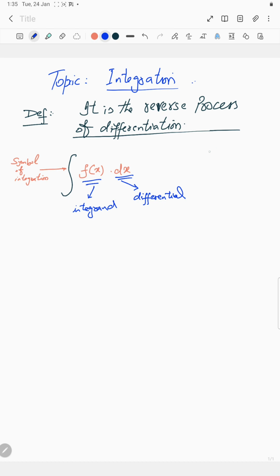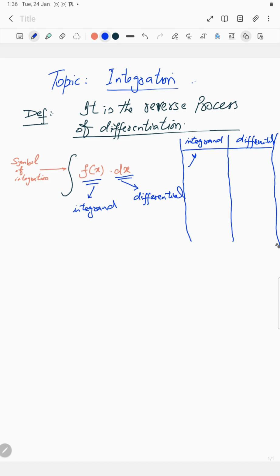One thing you need to keep in mind: if the integrand is in terms of y, then its differential will be dy.